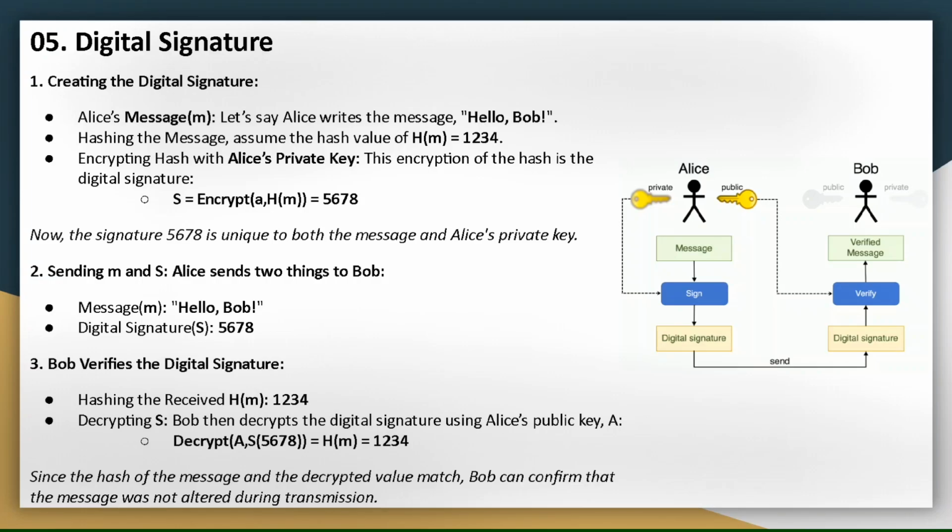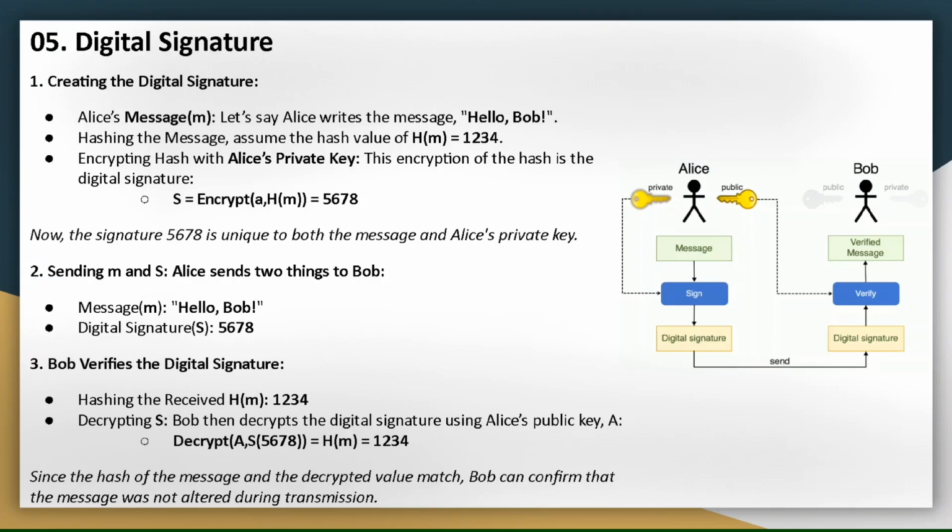So Bob verifies the digital signature here. The part Bob has to perform at the receiver end is that he has the same message received from Alice. If Bob hashes the message "hello Bob" without changing anything, he will generate the same hash generated by Alice.